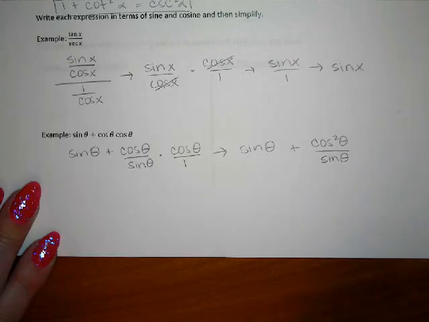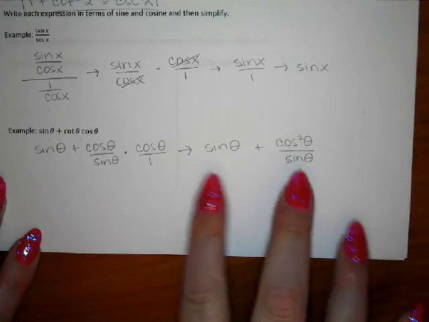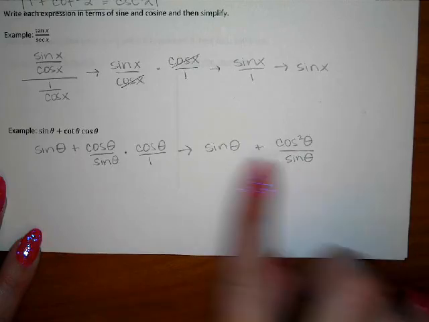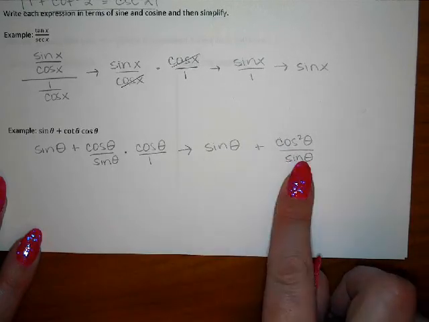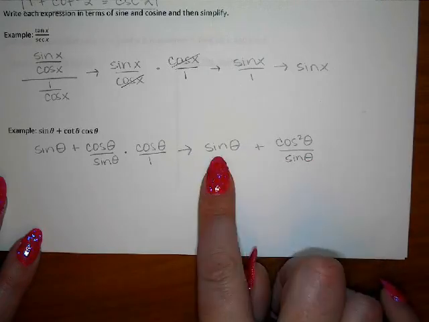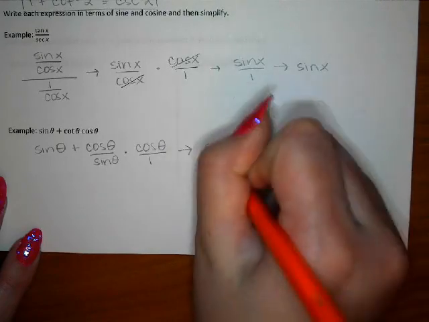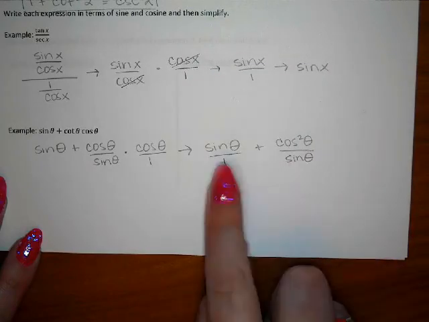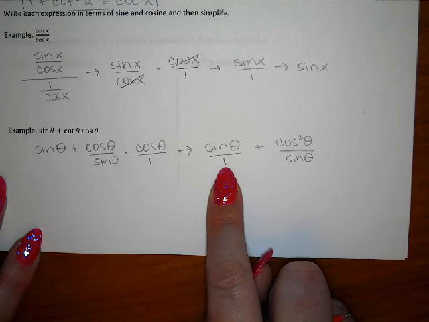Something else that I've learned how to do from math is that if I want to add two terms together and one of them is a fraction, I'm going to need to have a common denominator between these two terms. So I'm going to put this over 1. If this has a denominator of sine and this has a denominator of 1, then my common denominator would be sine.